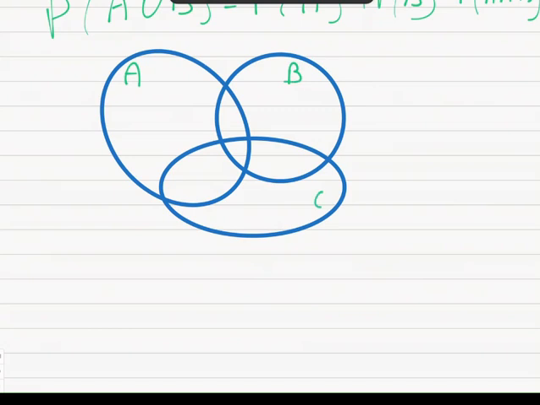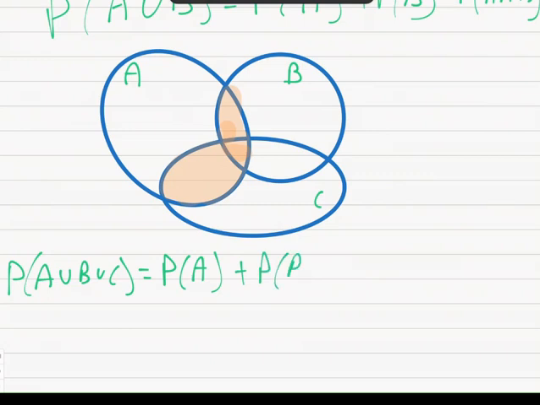Okay, so when we do the probability of A union B union C, the probability of A gets this set intersection right here, gets all of these, right? Plus the probability of B. And let's switch our highlighter color.